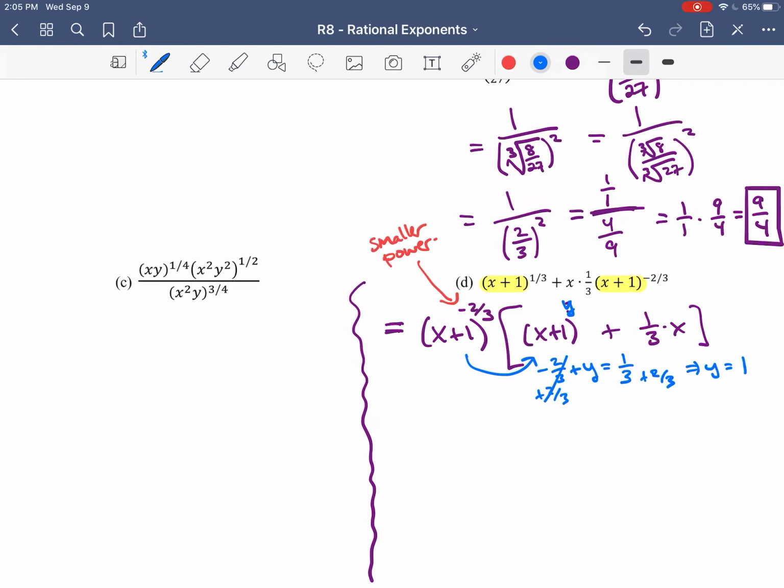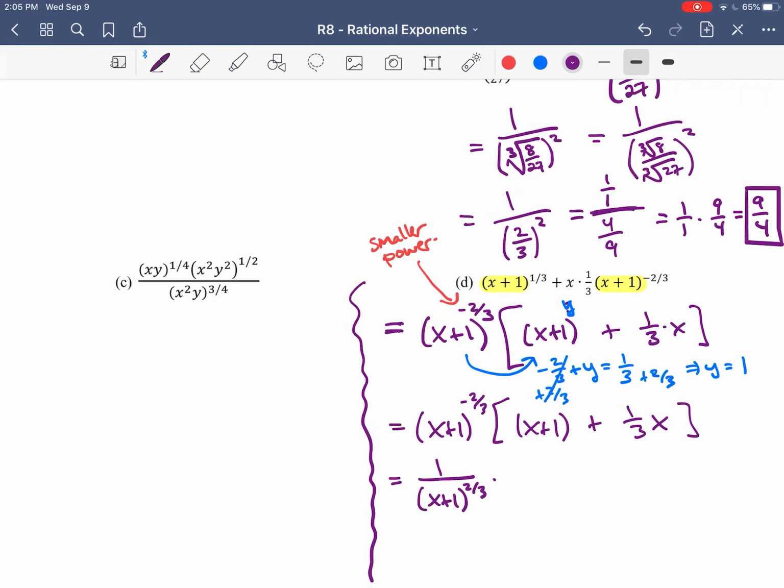So 1/3 plus 2/3. So this is actually (x plus 1) to the negative 2/3 times (x plus 1 plus 1/3 x). Now, the negative exponent, I can drop it down to the bottom as a positive exponent.